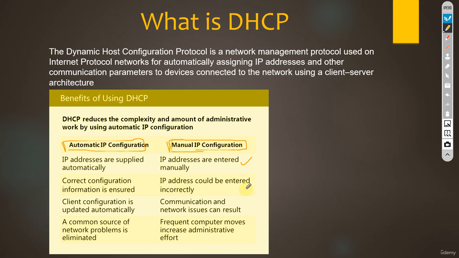Okay, so it will end up making these two computers in trouble. They will not be able to communicate with each other. So this is also a pain for the network administrator. Communication and network issues can result, of course, when you are putting wrong IP addresses, there is a communication issue.